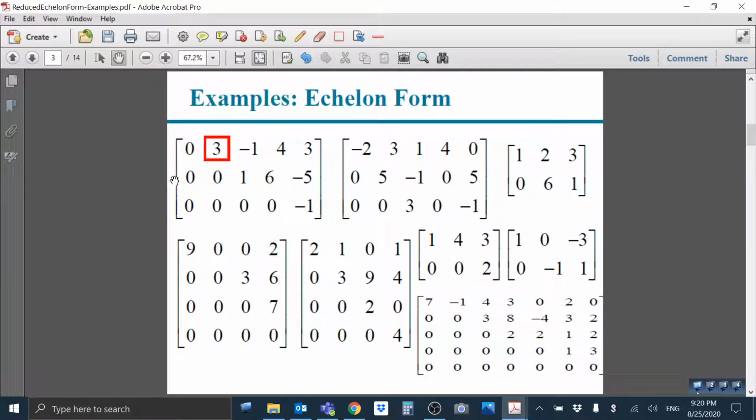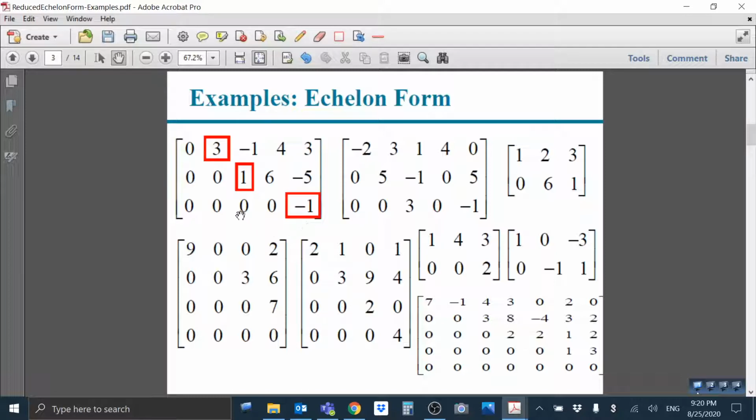Second row, I go find the leading entry of the second row, it is here. So let's put a square just to see it. So my leading entry of the second row is to the right of the leading entry of the first row. Great. Let's hit the third row. I check. Oh, the first non-zero entry, it's here.